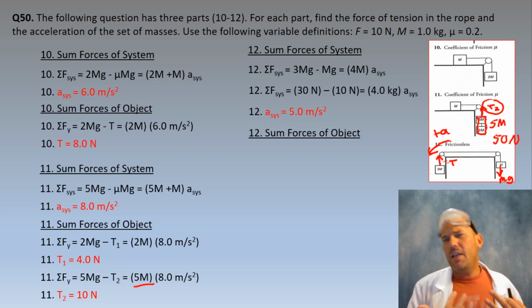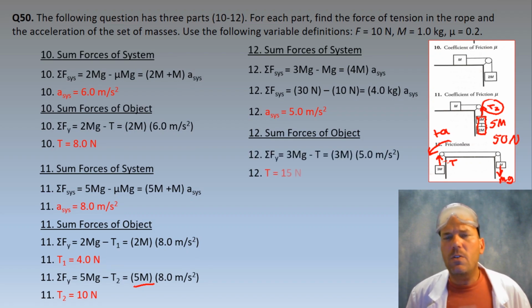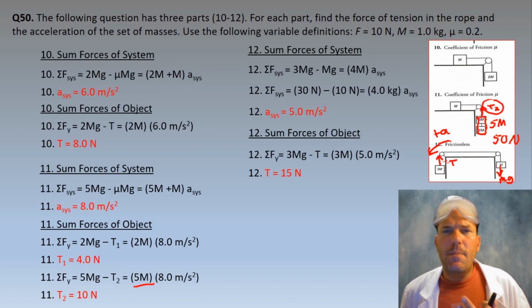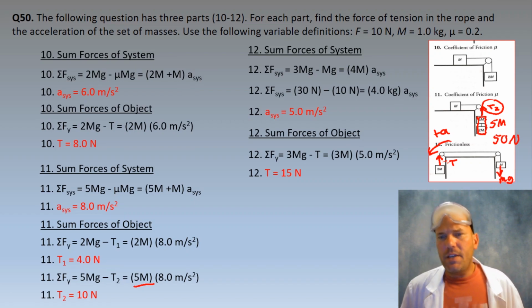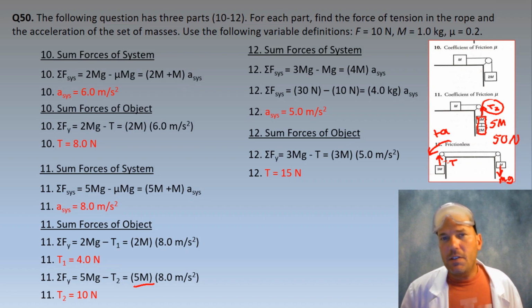All right, so we're going to analyze the forces acting on this object. In the y or vertical direction, we have 3m multiplied by the acceleration due to gravity minus tension, because that's in the opposite direction, is equal to the mass of that object, or 3 kilograms, times the acceleration. And we found the acceleration using a system approach of 5 meters per second squared.